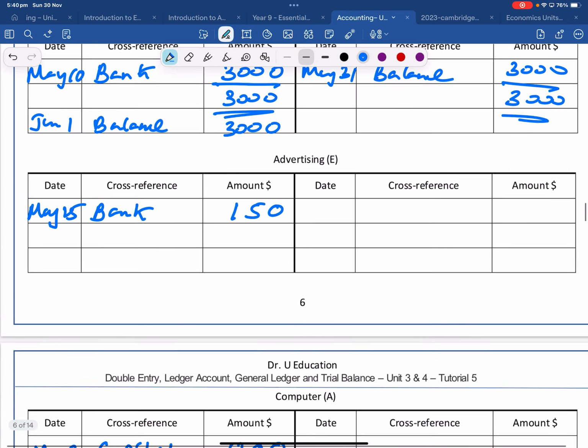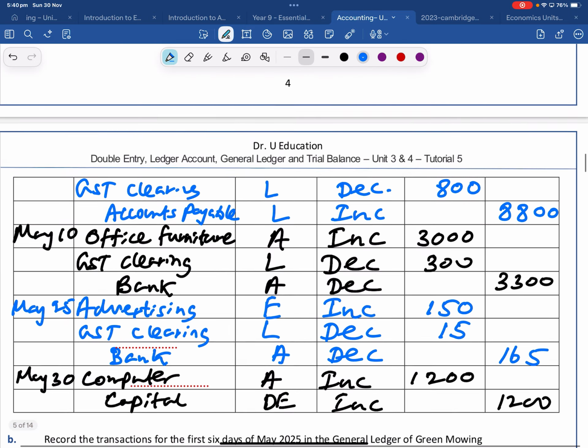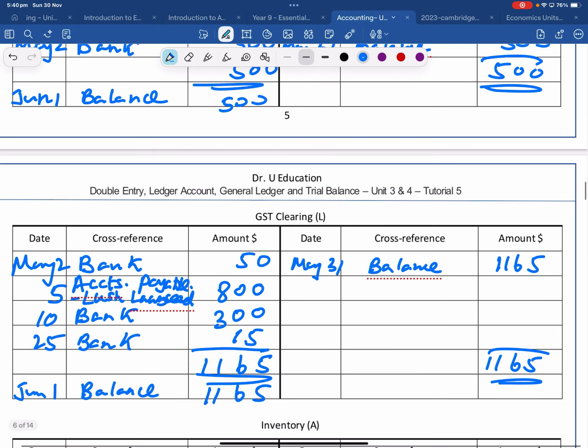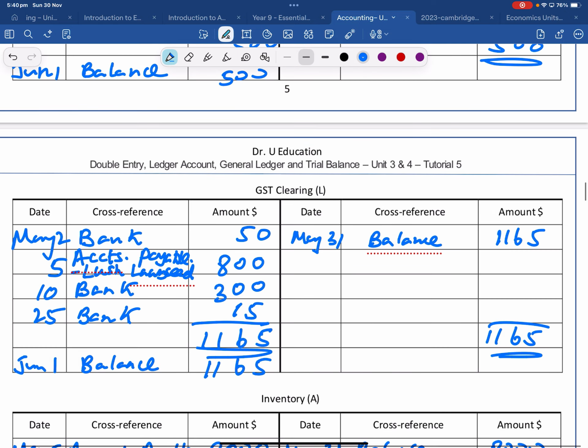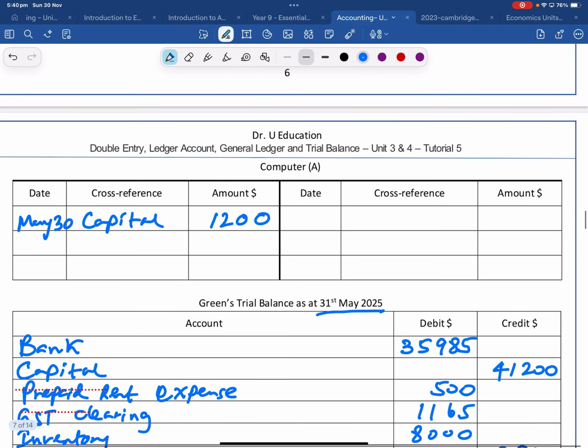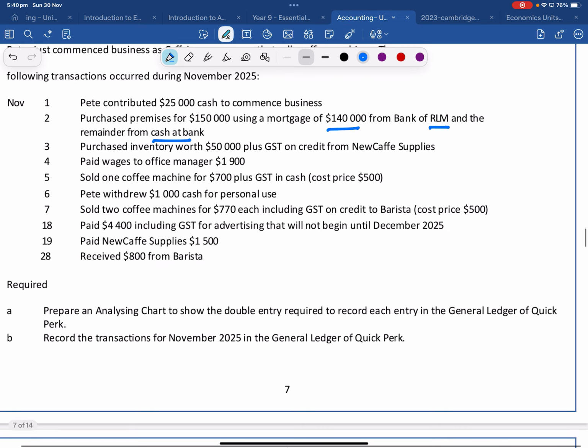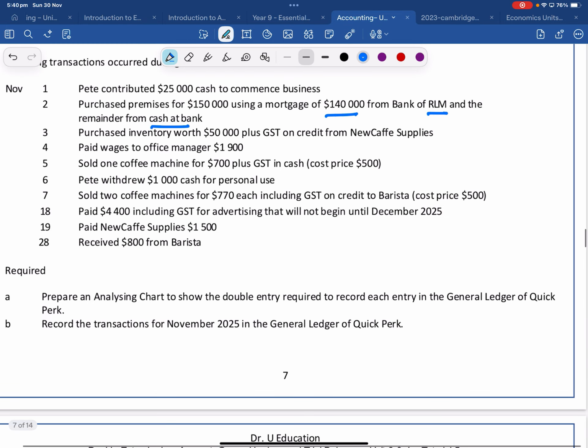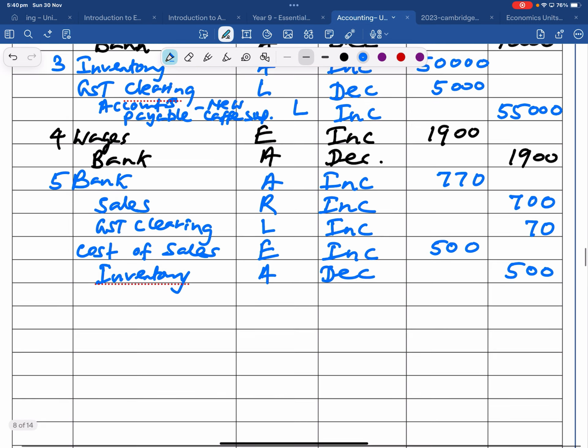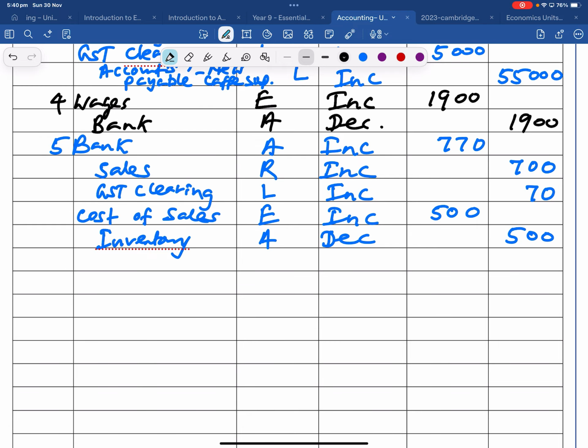This one, the double entry I haven't given here. Drawings, I haven't given. Drawings double entry I have given in the tutorial that we are doing today. I'll help you with that. $1000 for your personal use. So what is happening? What happens to bank, guys? Decrease, which is credited. Then the other account is debit. What is that account? Drawings. Very good. Does it increase?